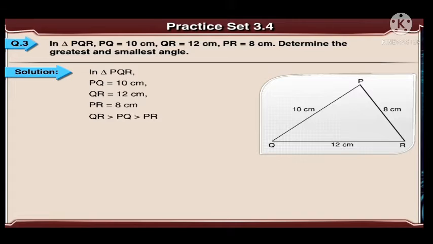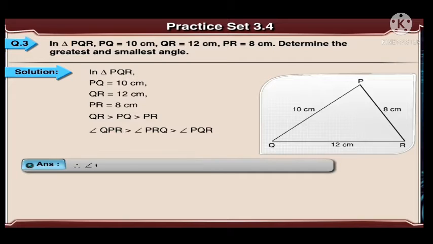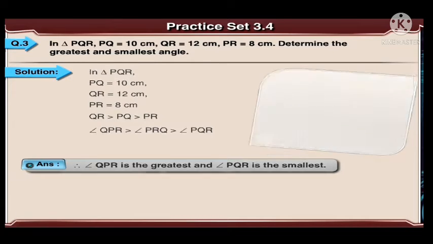The greater side is QR and the smaller side is PR. The angle opposite to QR is angle P, that is angle QPR, and the angle opposite to side PR is angle PQR. Therefore, angle QPR is the greatest and angle PQR is the smallest.